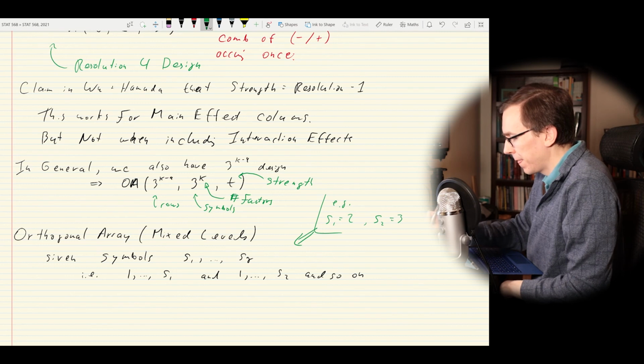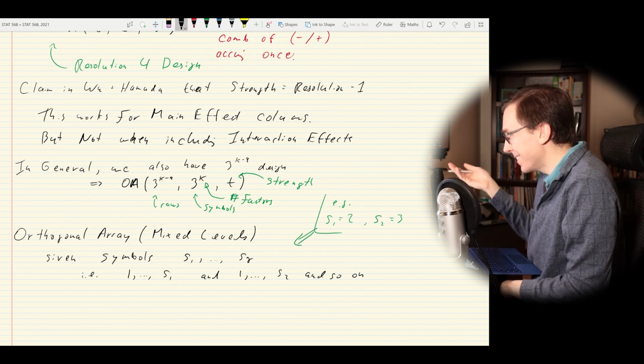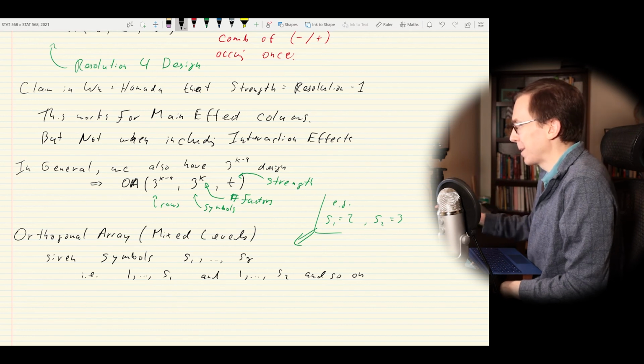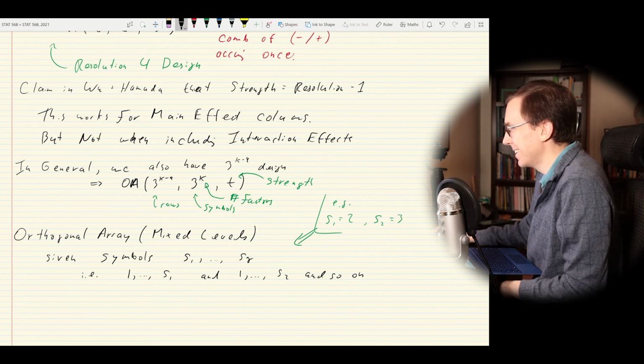Given different factor levels is what I'm trying to say by these S's.